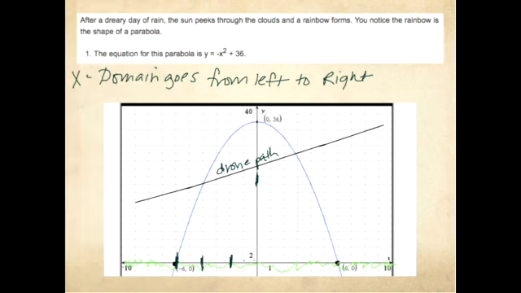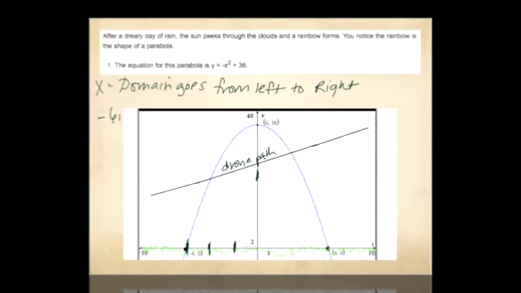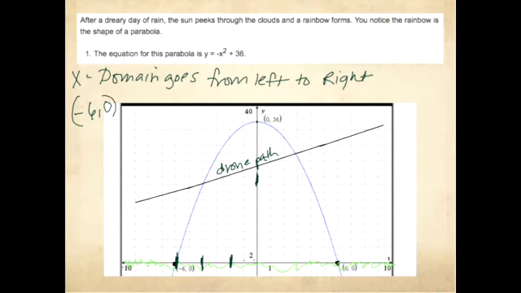The drone does not go any further than -6 on the x-axis, because if it did, what actually happens at the point (-6, 0)? The rainbow ends right there, the rainbow hits the ground. (-6, 0) is the farmost left point.